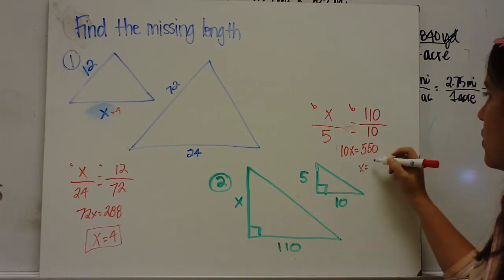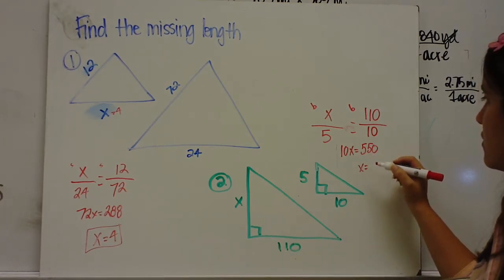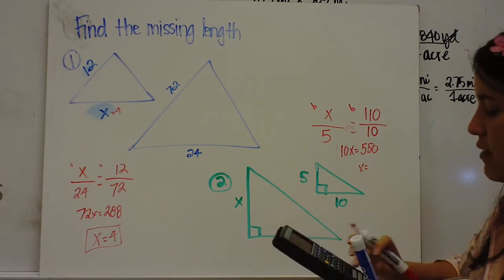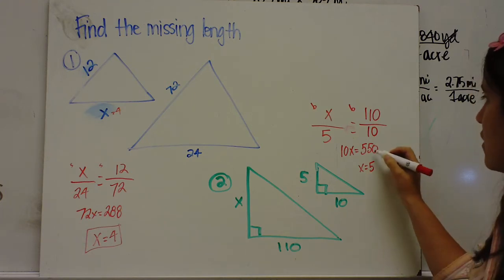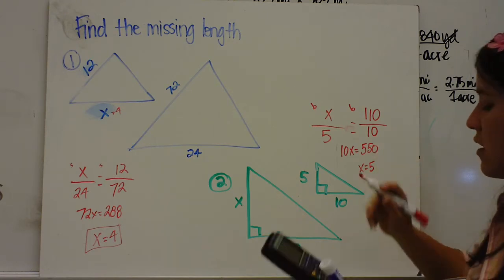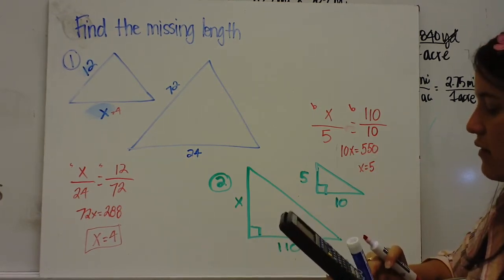X equals 550 divided by 10. X equals 55.